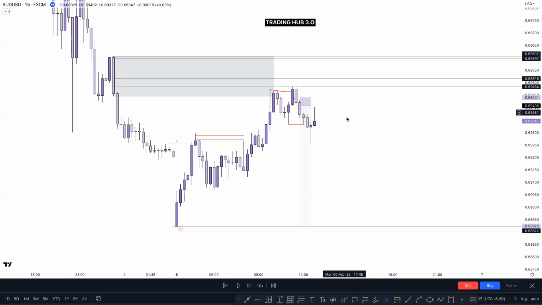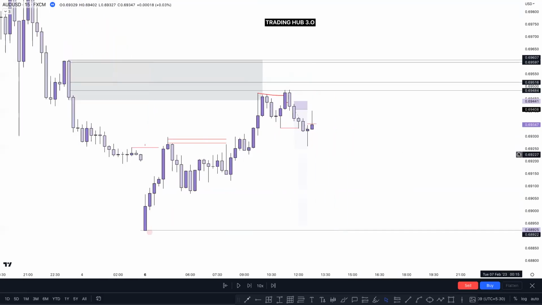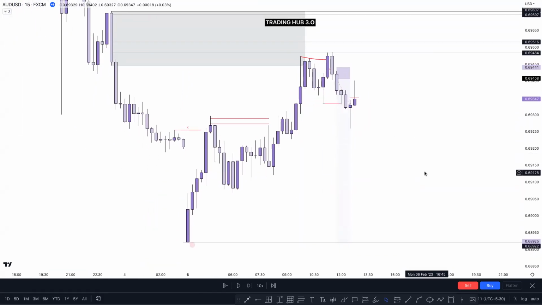how can you deal here? You can simply mark this as a PD array here, this entire side over here, right? Some people ask me why not the entire candle? You can also take the entire candle, but the problem is the next opening candle is here. The next candle opens here at this time, not here.